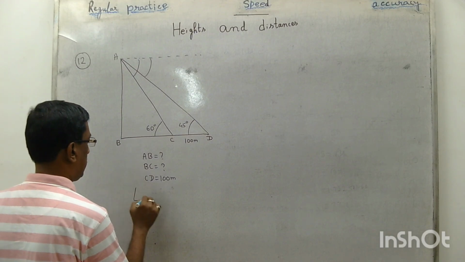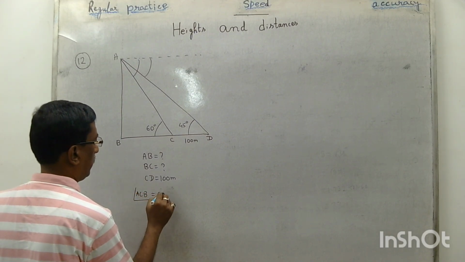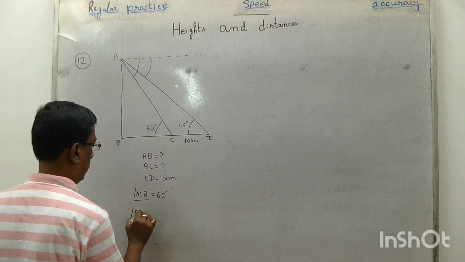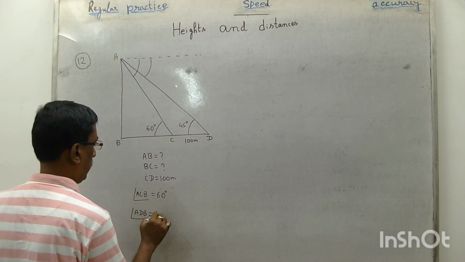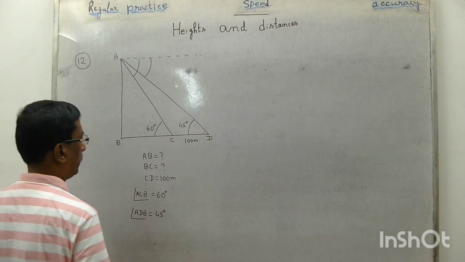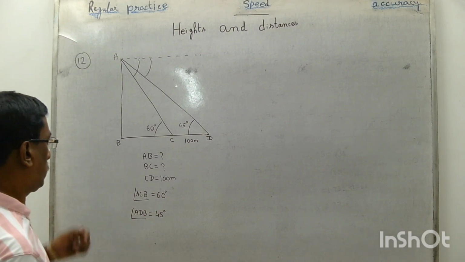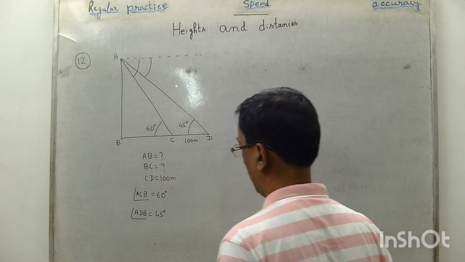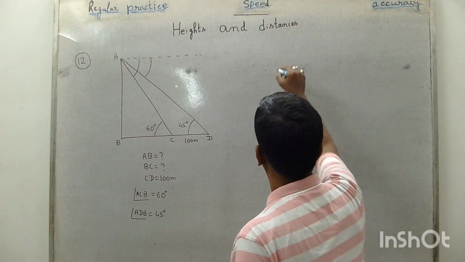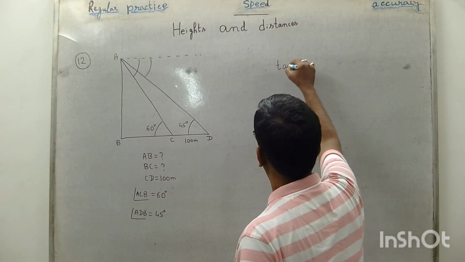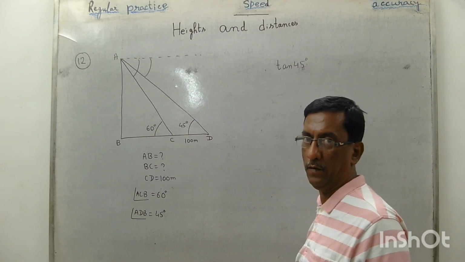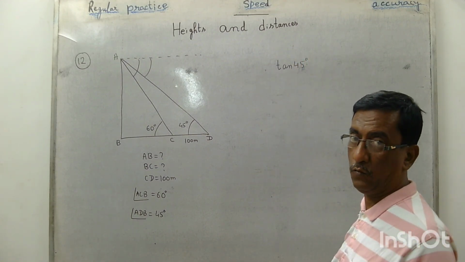Angle ACB is 60 degree. Angle ADB is 45 degree. So at first I will do tan 45 degree. It is better because the value of tan 45 is 1, so it will be easy to calculate.